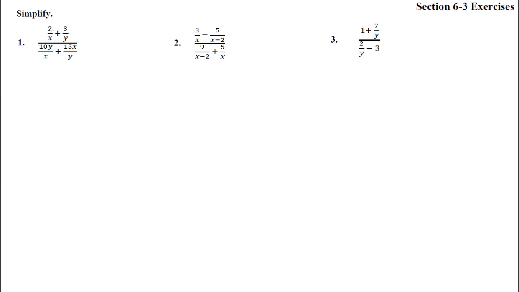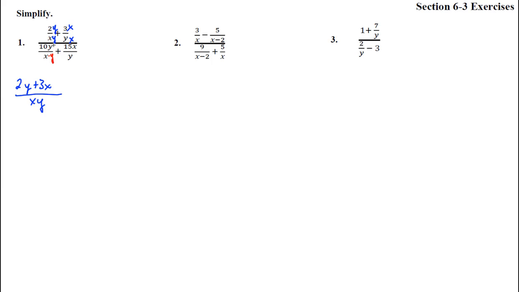Okay, on the top here, let's get a common denominator to add these fractions. Times this by a y, that by a y, and that by an x, and that by an x, and we now have 2y plus 3x over xy. Okay, on the bottom, let's do the bottom fraction now.